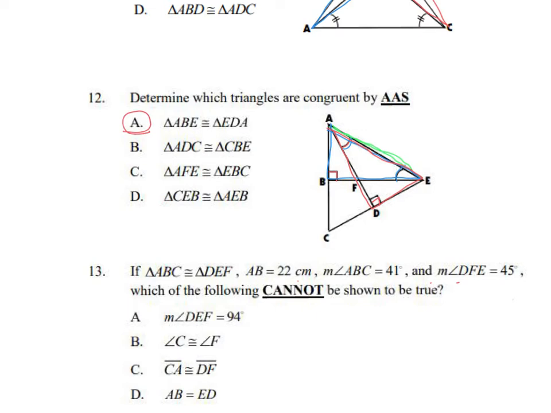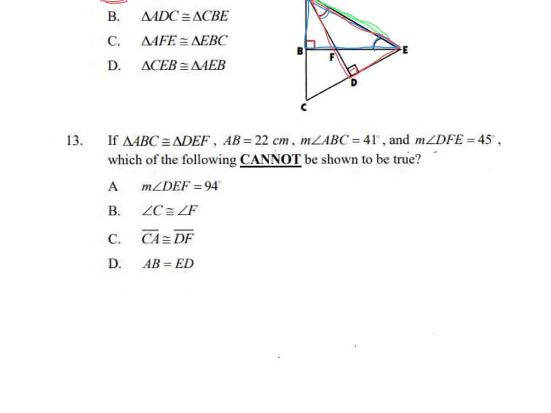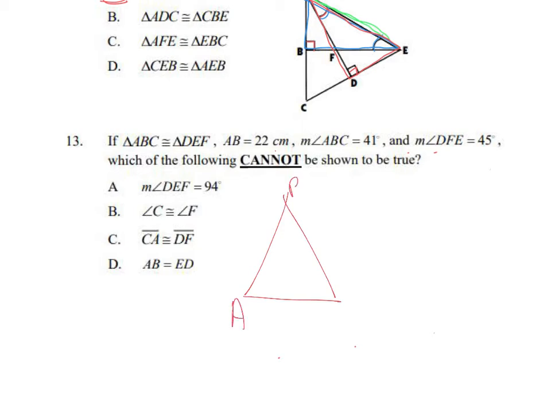And then number 13, the last one, says that if triangle ABC is congruent to triangle DEF. So let me get the visual started for that. We have triangle ABC and triangle DEF.